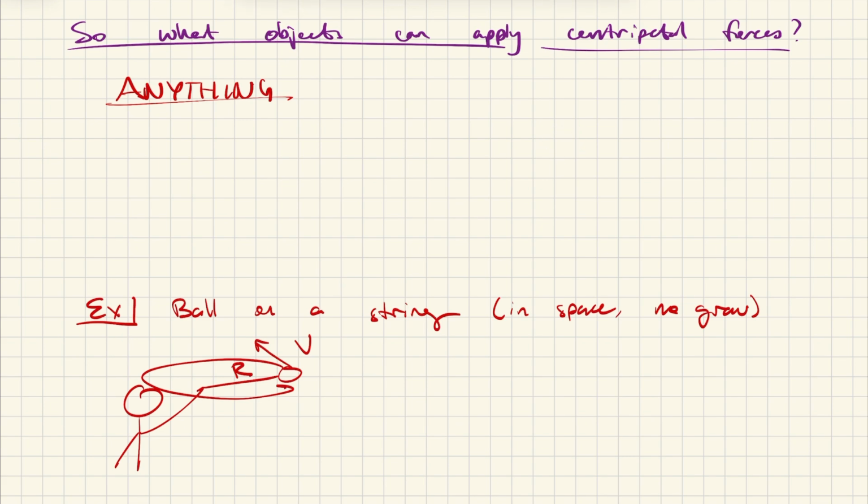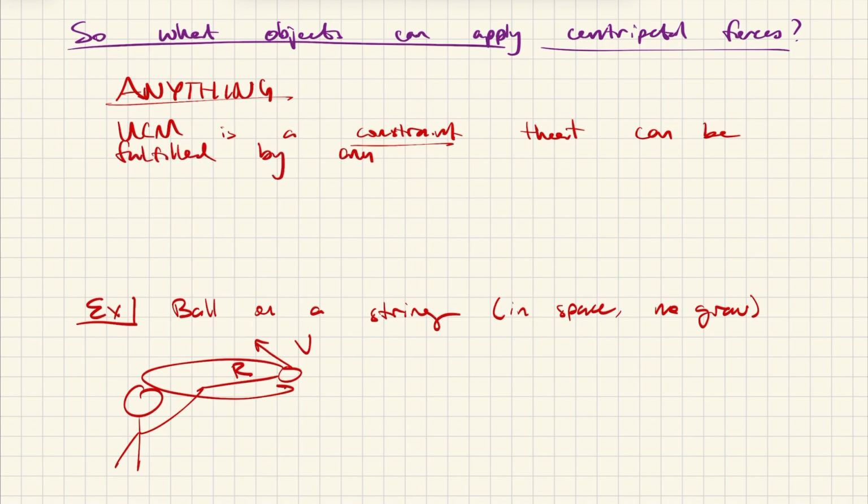It's a condition that must be fulfilled by other forces in the problem, okay? So UCM is a constraint that can be fulfilled by any combination of forces.